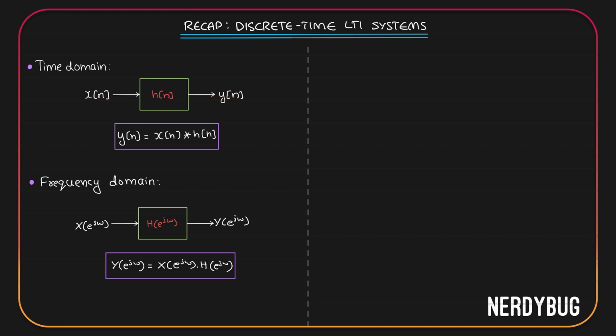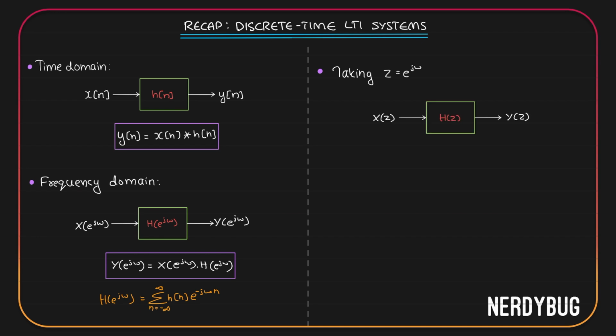So the frequency response of this system, H of e raised to j omega, can be related to the impulse response h of n like this: summation from n equals minus infinity to infinity, h of n e raised to minus j omega n. Now, if we take z equals e raised to j omega, we can show the same system like this.